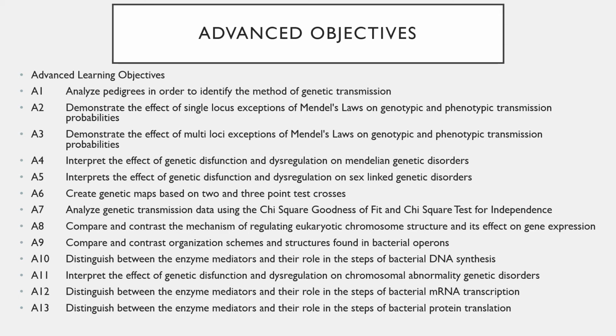Another example would be we're looking at transmission of a particular trait, but now we want to see if a student can analyze that genetic transmission data using different statistical tests like a chi-square goodness of fit or a chi-square test for independence. That's a more advanced topic.